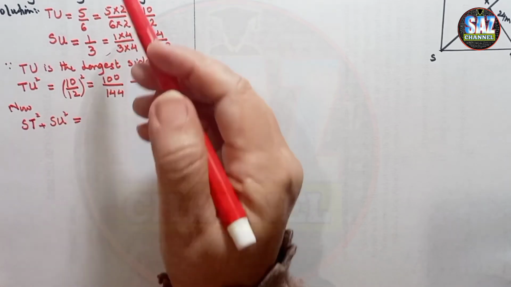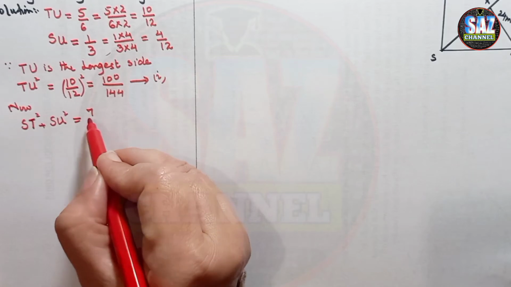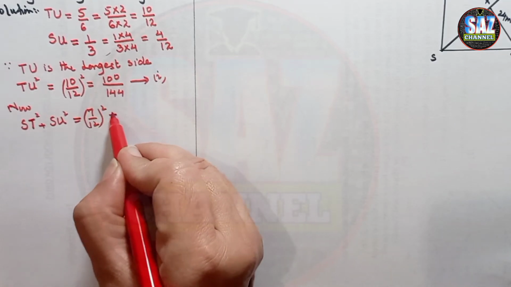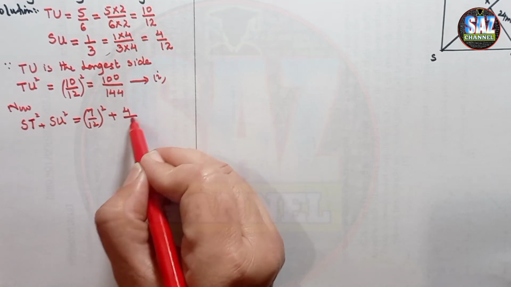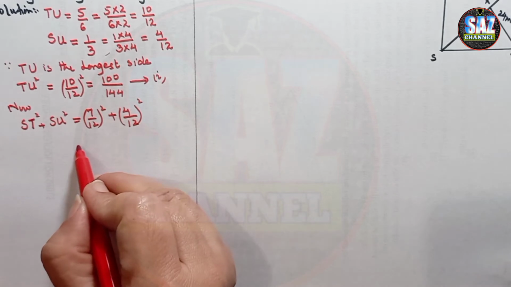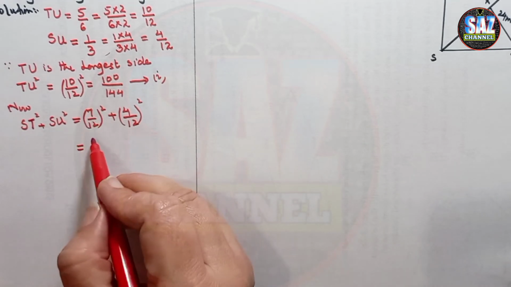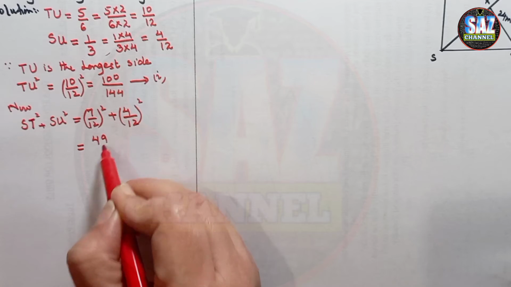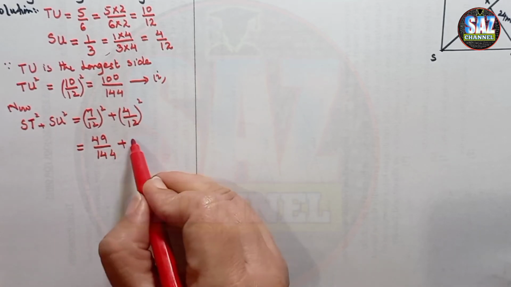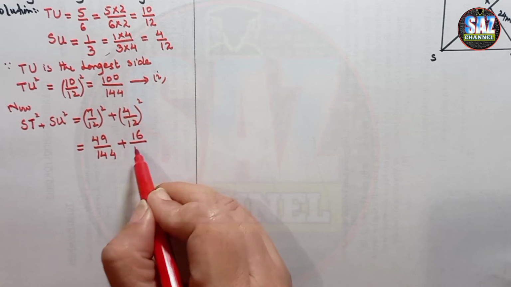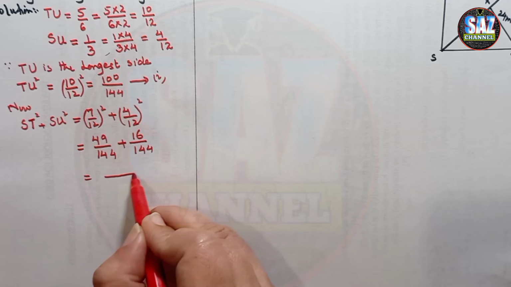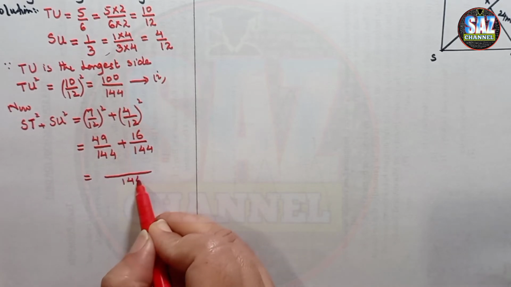ST has the value 7 by 12, so 7 by 12 square, plus SU is 4 by 12, and we have to put a square. Recall the square of 7 and 12. This is 49 by 144 and 16 by 144. As the denominators are the same, we can easily add up the fractions.